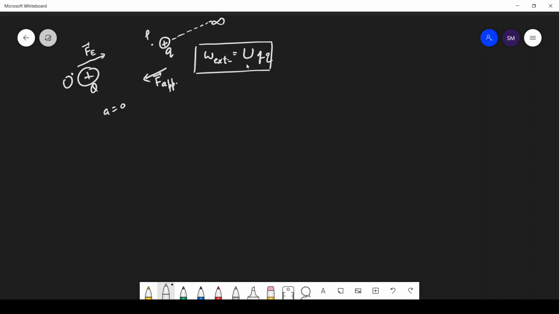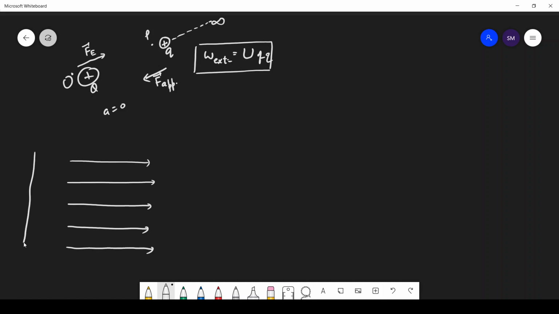So even if we have the electric field here, and field lines, they start from positive and they end at negative. So there can be both of them, there can be only negative, there can be only positive.